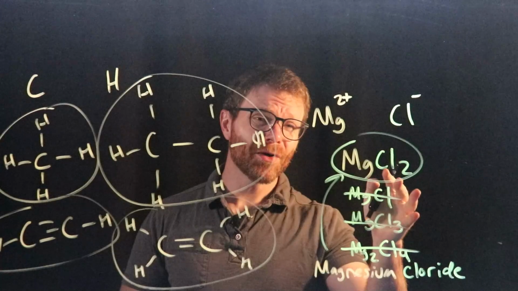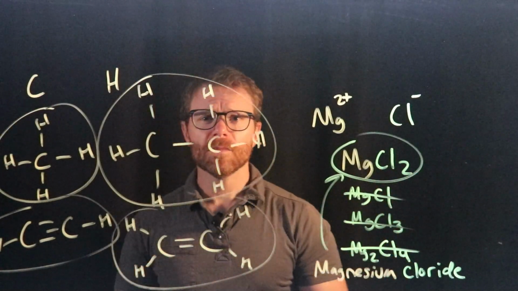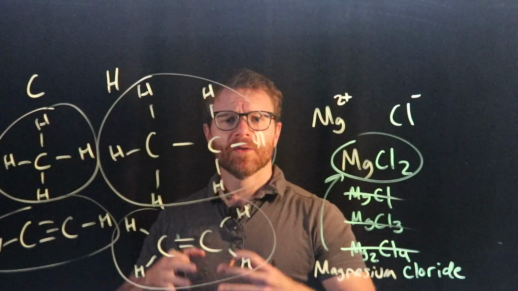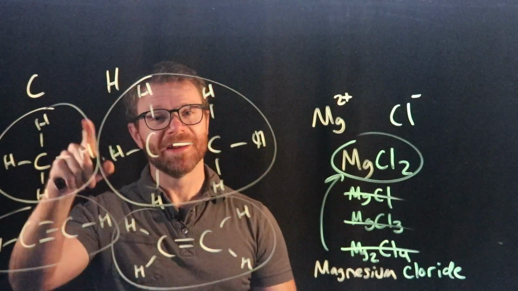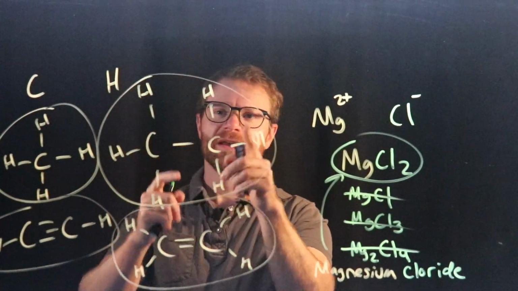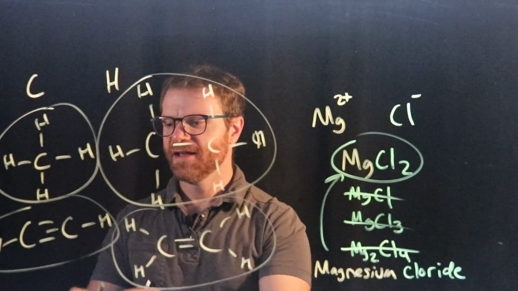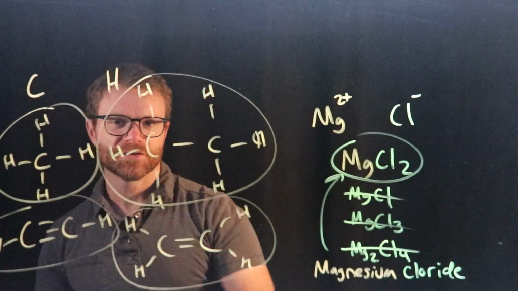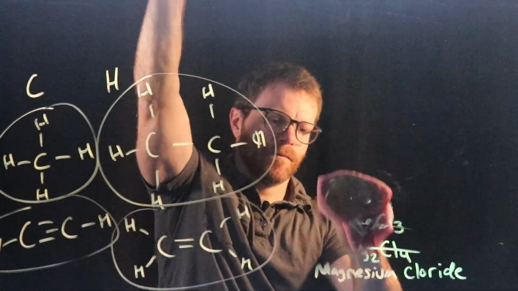There's really only one way we could stick chlorines and magnesiums together. So with covalent compounds, we need to use prefixes. I would call this carbon tetrahydride. I would call this dicarbon hexahydride, dicarbon tetrahydride, dicarbon dihydride. Now, that was a lot. We'll get into that right now.